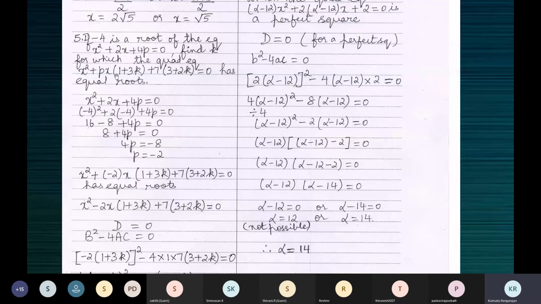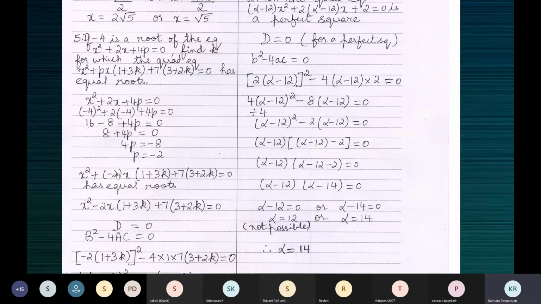In one question, you have the same letter used. So you can use this value here. That's why we found p. This p we found is minus 2.